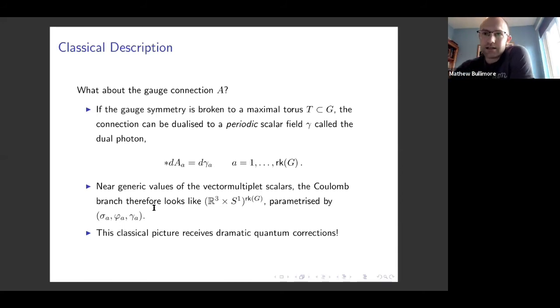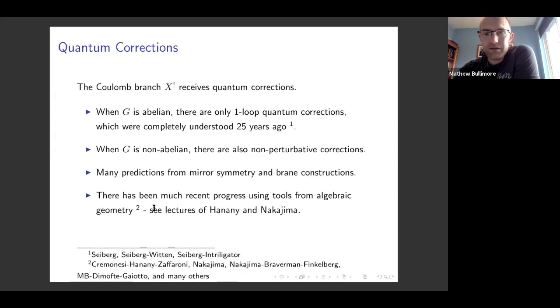So this is the classical picture, but it receives very dramatic quantum mechanical corrections. In particular, it can receive both one loop and non-perturbative quantum corrections. So let me give a very brief history of these things. Indeed, the Coulomb branch receives very strong, interesting quantum mechanical corrections.